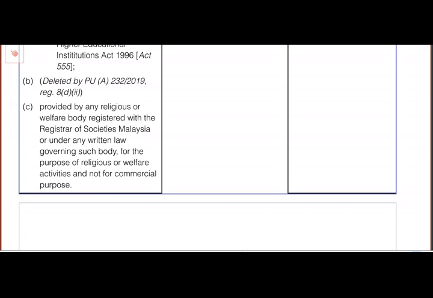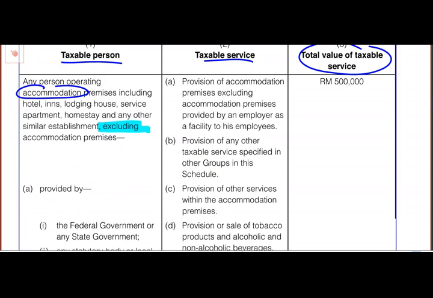another group is, they say, if it's provided by who? Religious or welfare body. So if you have a religious body that operates the hostel, the account, you don't have to register. Okay? Now, what kind of service that you offer that we charge 6%?